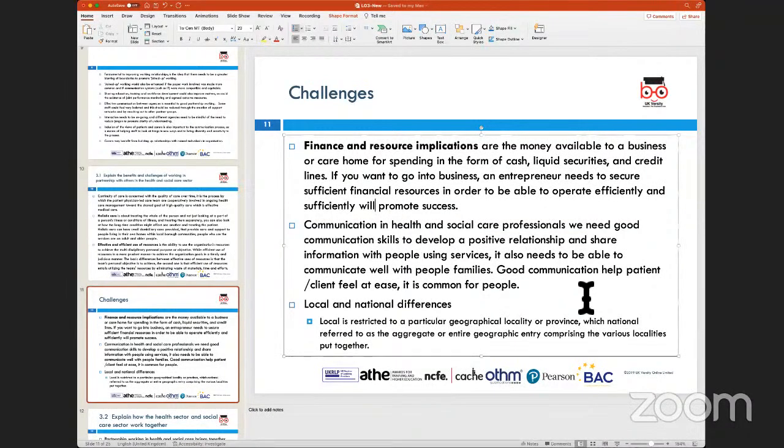One of the other clear challenges which came across was that a lot of operations were put on the back burner because there was a continuous influx of COVID patients coming through, and they were being given priority to be treated first. So a lot of the other operations which were supposed to happen were put on hold or were postponed. And this was one of the challenges which came up during the COVID pandemic.